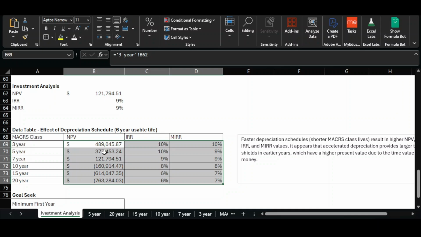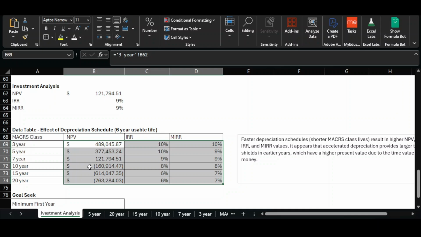Anything after 7 year appears to be unfavorable for investing, because your net present value is now showing that it's going to cost you more rather than gaining anything if you decide to proceed with that MACRS class in managing your taxes.